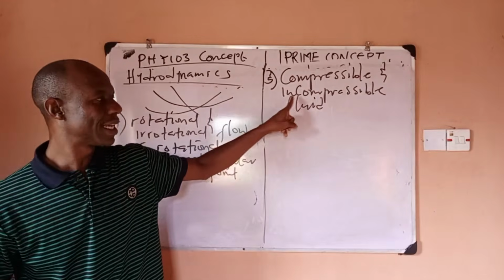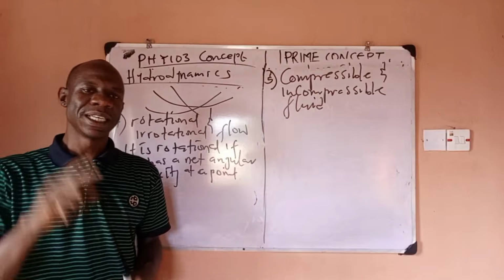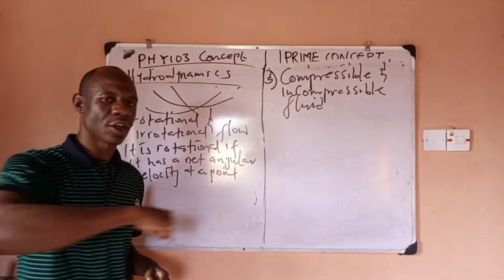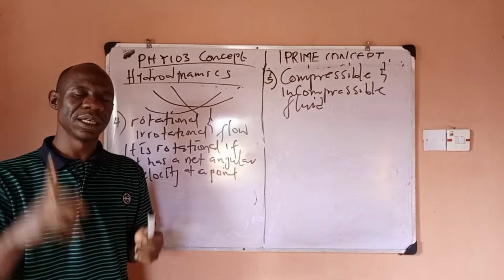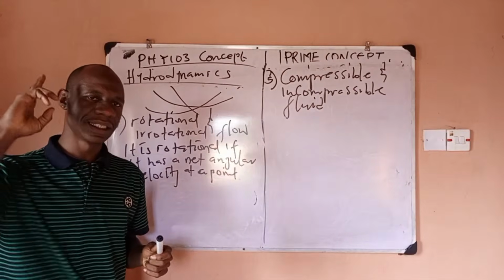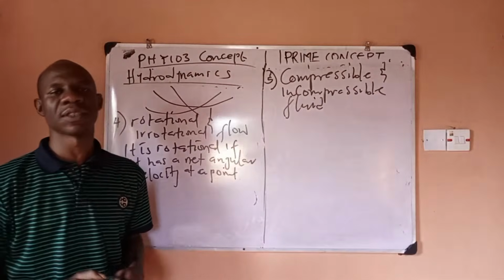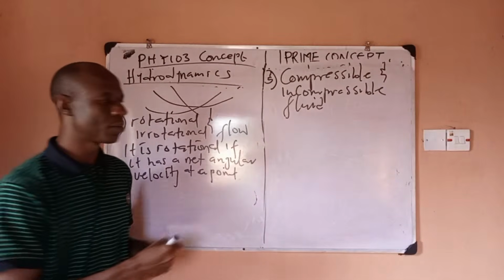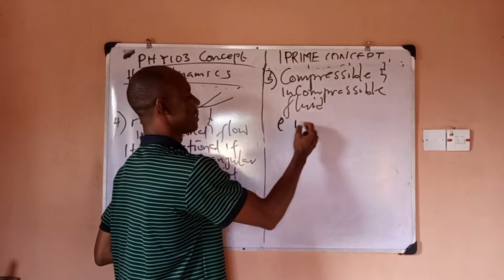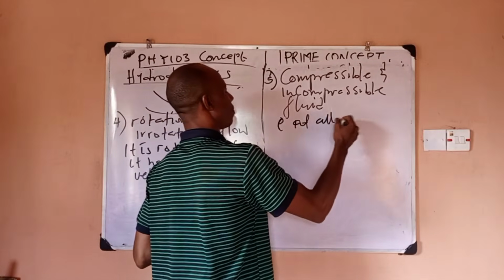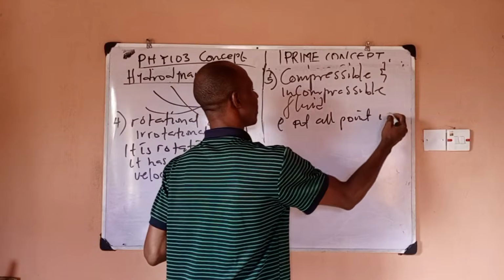A fluid is said to be incompressible if the density at all points on that fluid is constant, is the same, and that fluid does not have viscosity. A fluid is incompressible if density at all points is what?